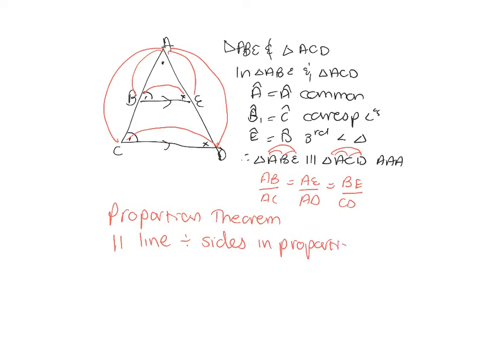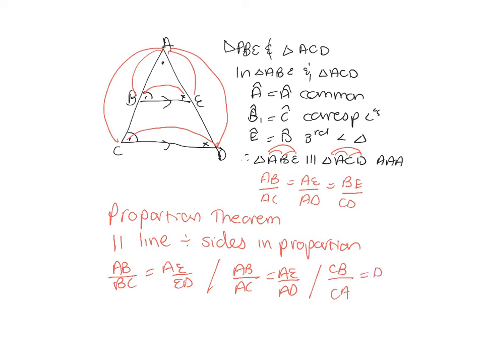So we could also use the theory that AB over BC is equal to AE over ED, or AB over AC equals AE over AD, which your similarity gives you, or CB over CA is equal to DE over DA. All right, so that's how your parallel line divides sides in proportion.